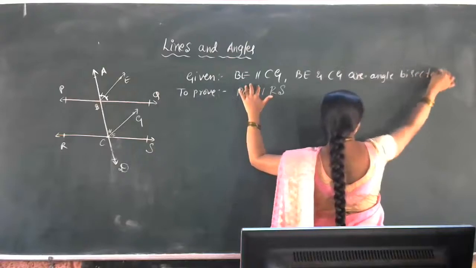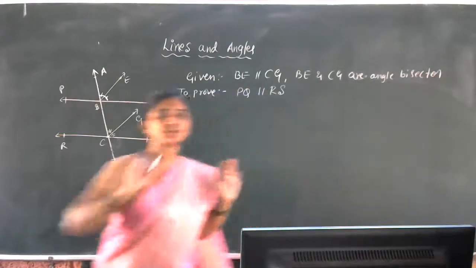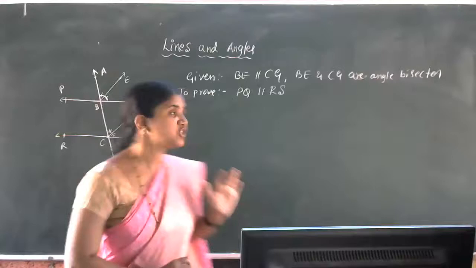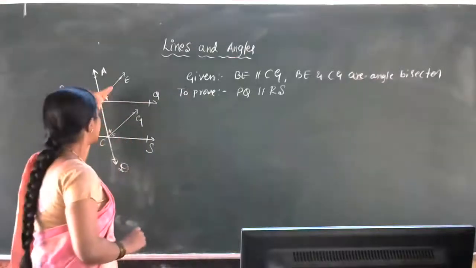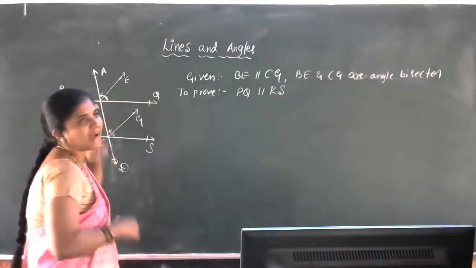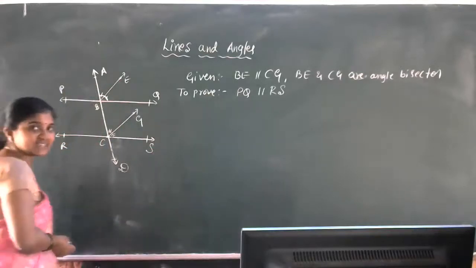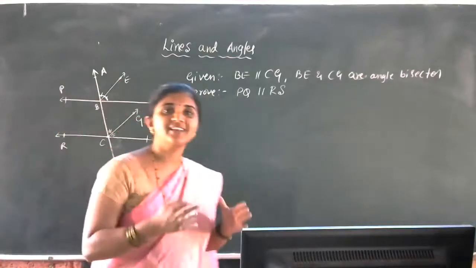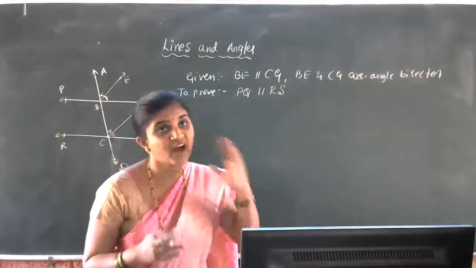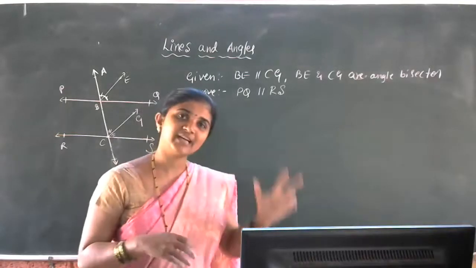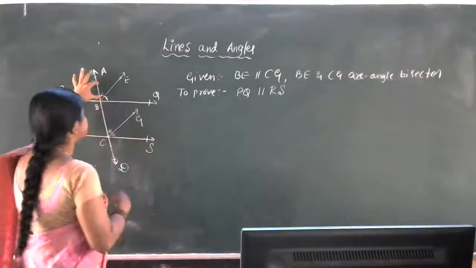Now which concepts can we use for this? Angle bisectors and these lines are parallel also. Bisectors in the sense the angle is divided into two equal parts, or half. Can we use that half concept? Can I take this first?